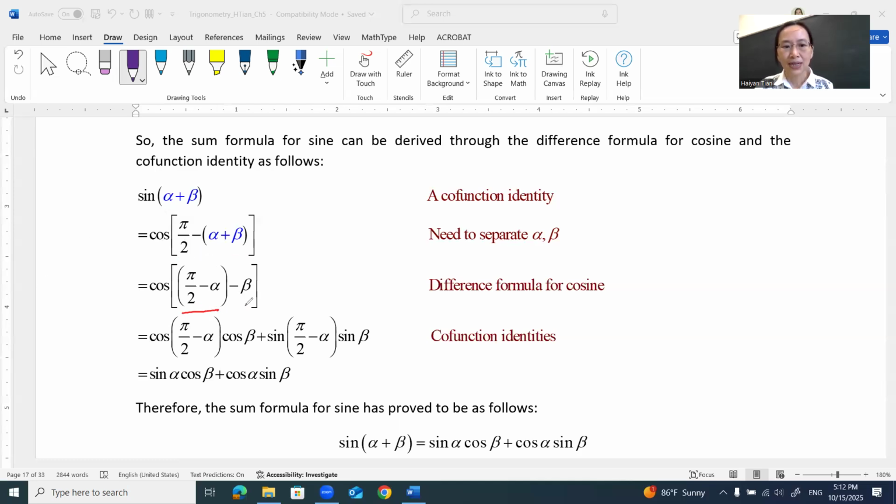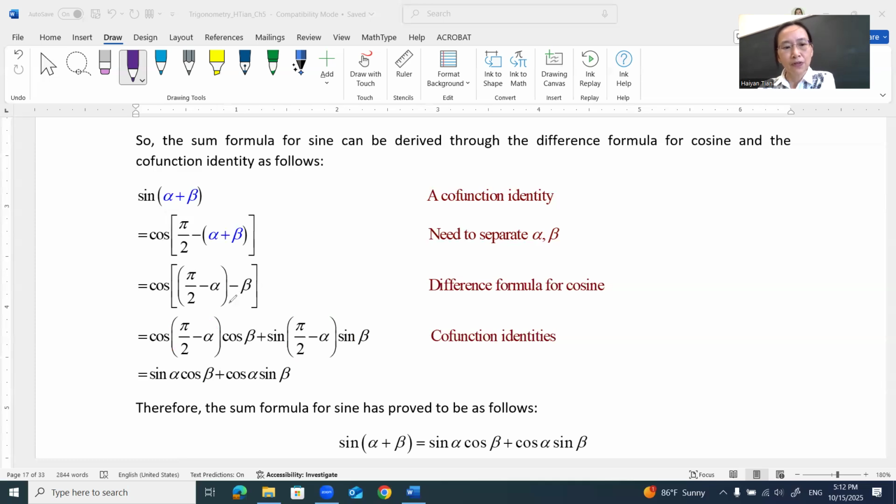And that becomes a difference for cosine. We can use the difference formula for cosine because that identity is already there. So this is the first angle in the formula, second angle in the formula. So just apply cosine of the first angle, cosine of the second angle, plus sine of first angle, sine of second angle.